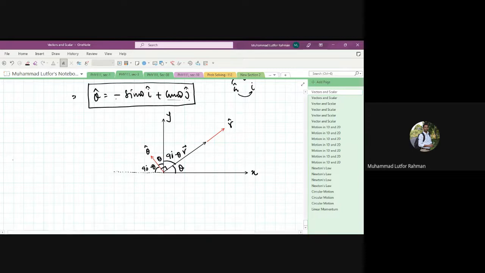Or you can think about it this way: if this is my minus sine theta i hat vector, this is my cos theta z hat vector, and the resultant would be that vector which is theta hat, again using the vector triangle law. That's how we can find it, using the component method, or using the unit vector properties. That's how we can find the unit vector in polar coordinate system.